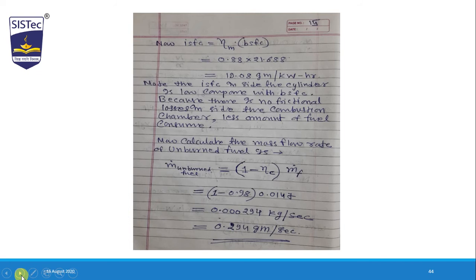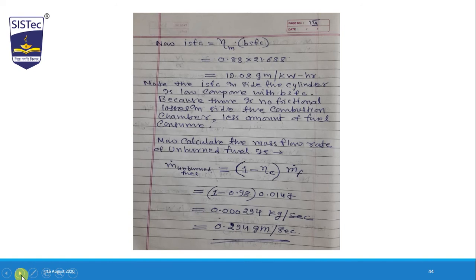The ISFC is low compared with the BSFC, where always remember the indicated power is larger than the brake power in the engine. When we talk about the ISFC or BSFC, it shows the fuel economy of the engine. So ISFC is low compared to BSFC.